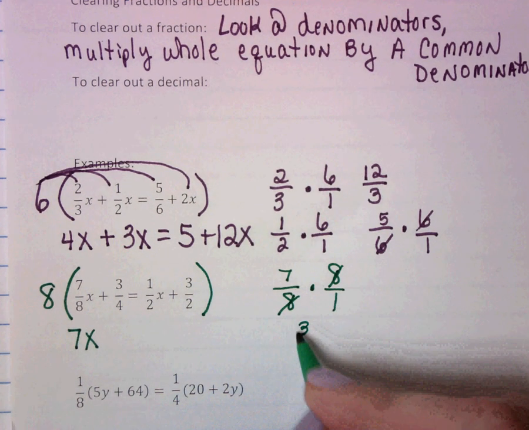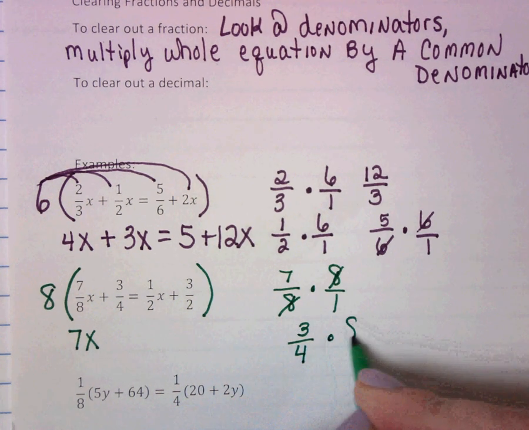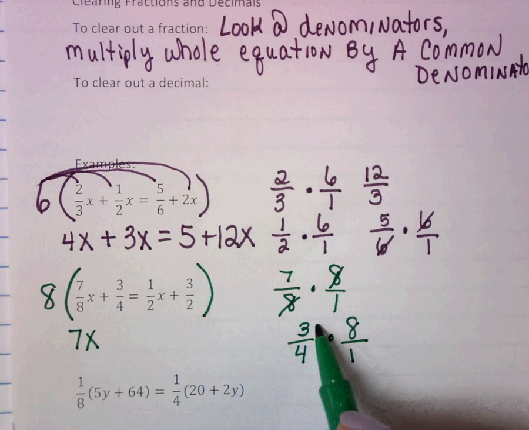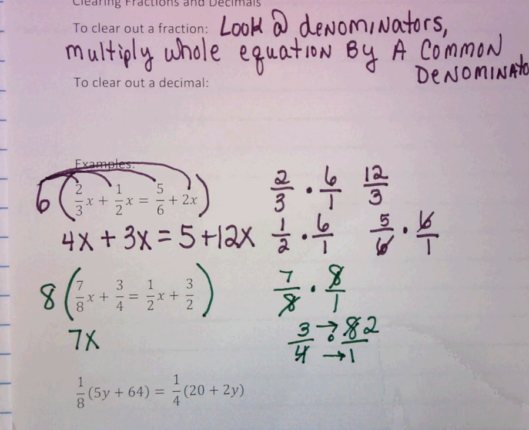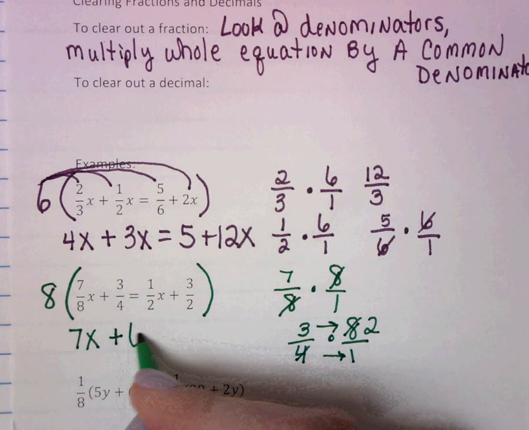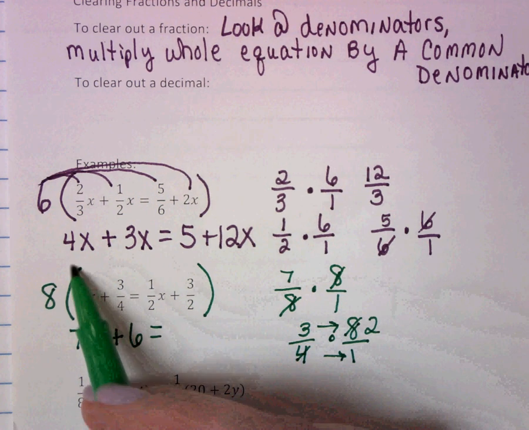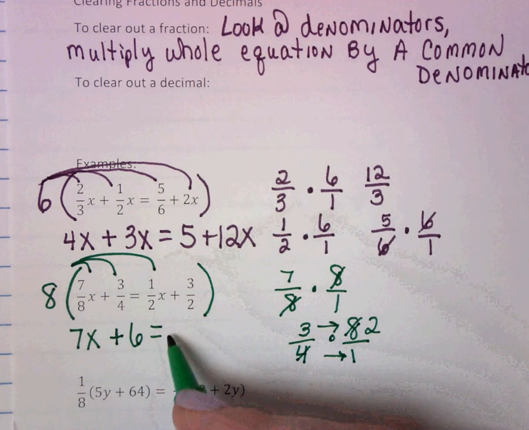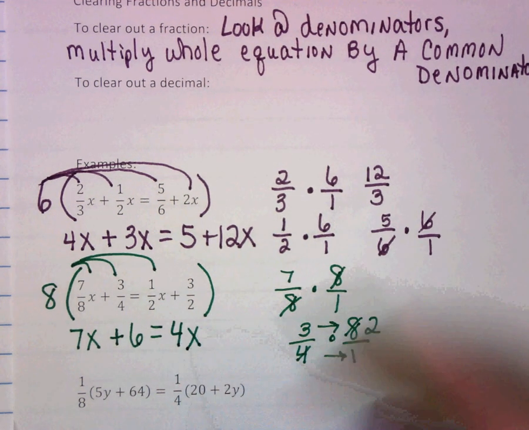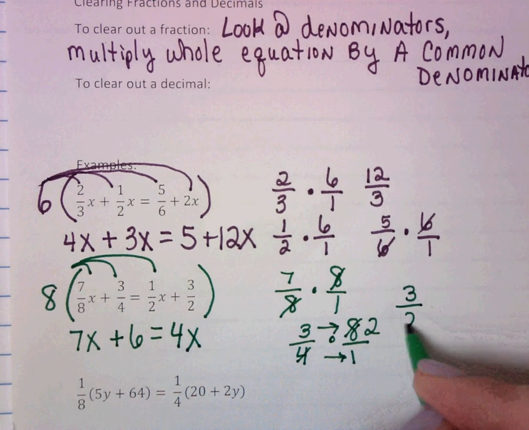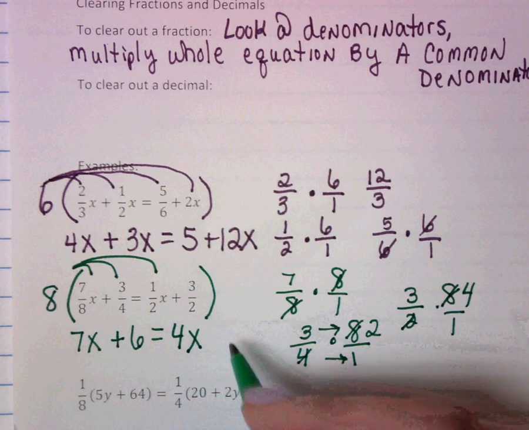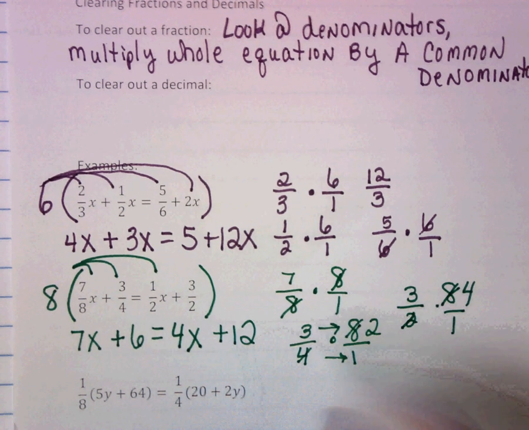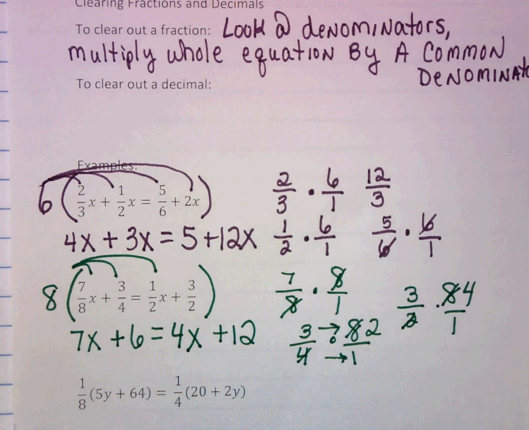If I do 3/4 times 8, I just want to remind you we can go straight across, or you can do a little simplifying. So that makes plus 6. Half of 8 is 4. And if I do 3/2 times 8, that makes 12. And so again, I have a nice, friendly equation.